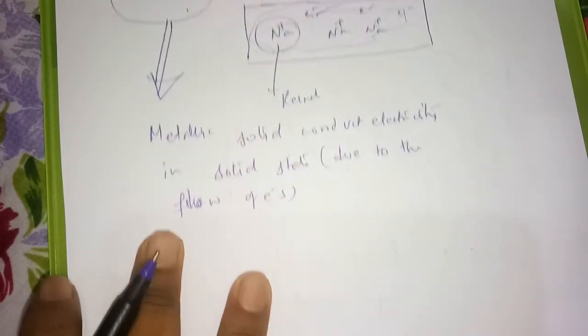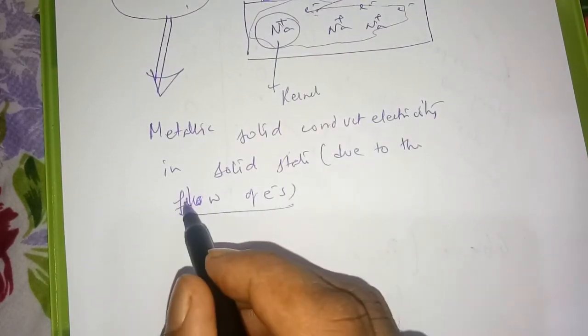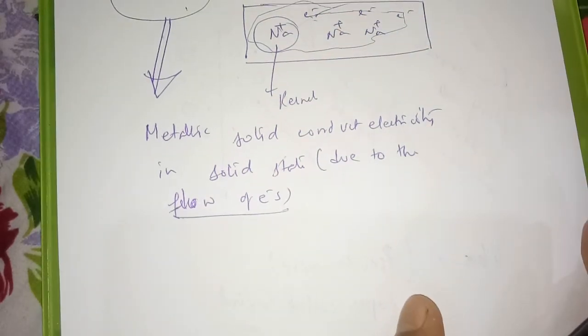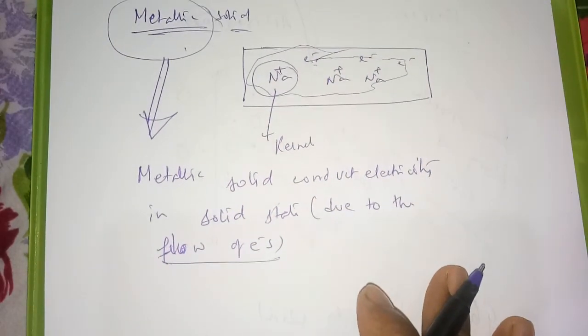Electrons can easily flow, and due to the flow of electrons, a metallic solid can conduct electricity very smoothly.